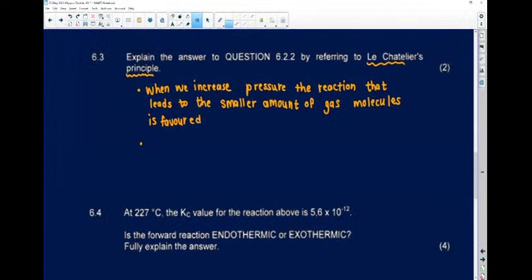And what this means, therefore, is that the reverse reaction is favored.